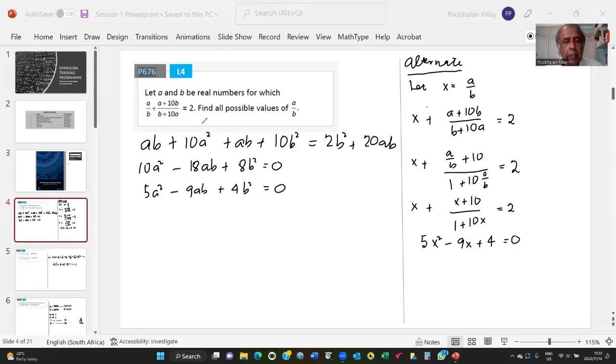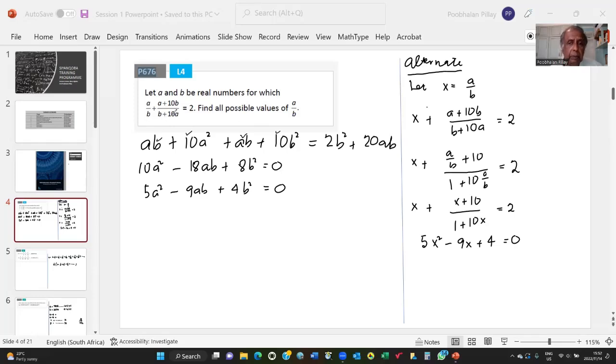Okay. So the way to do that is to take this equation and flatten it out by multiplying right throughout by the common denominator, being b into b plus 10a. And when you do that, you will get this part here. You can obtain it by cross multiplication, a times that, ab plus 10a squared. And this way, you cross multiply, you get ab plus 10b squared.